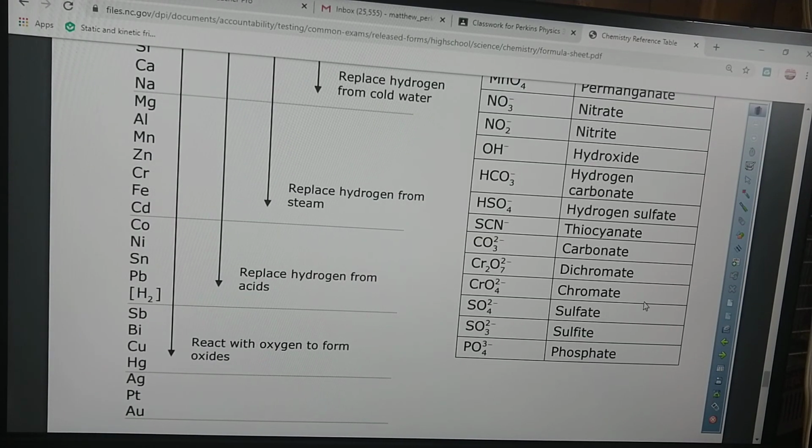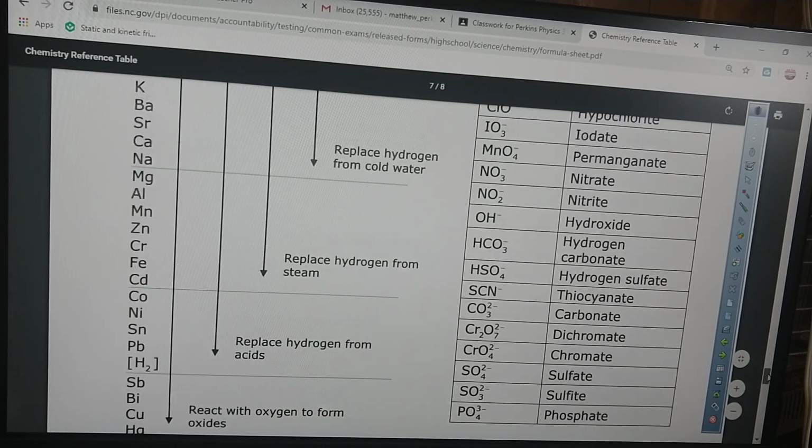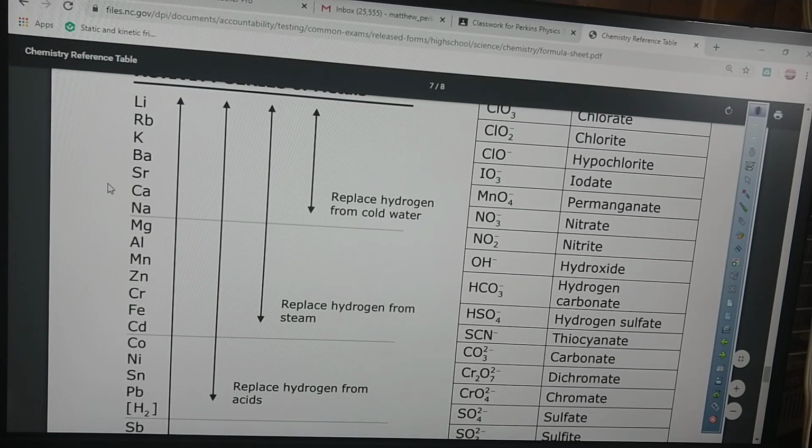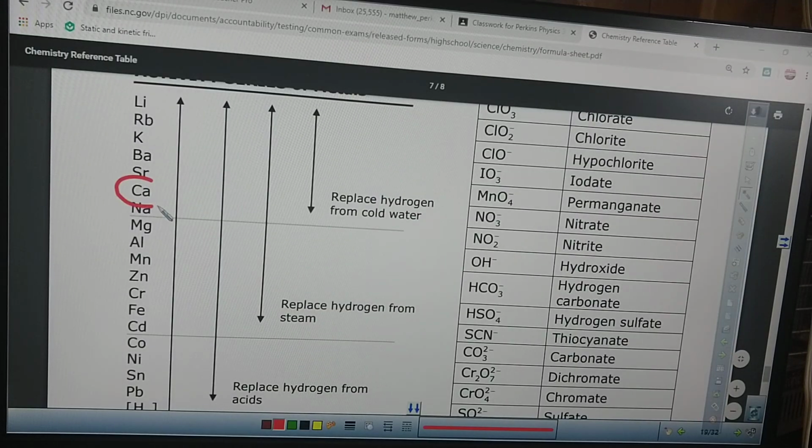All right. We're looking for our metals right here. Here's calcium. Calcium's right there. And ooh, look. Potassium is higher than calcium. Here's potassium up here. So potassium is better looking than calcium. Potassium is more attractive than calcium.